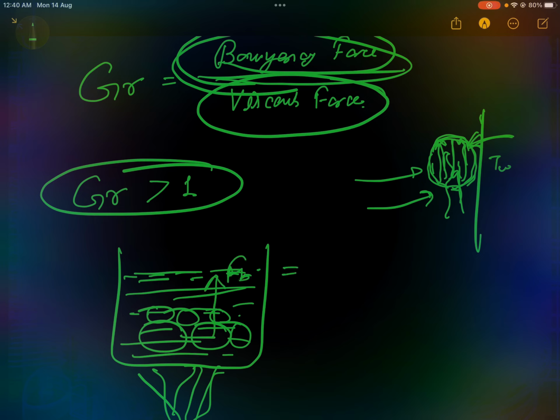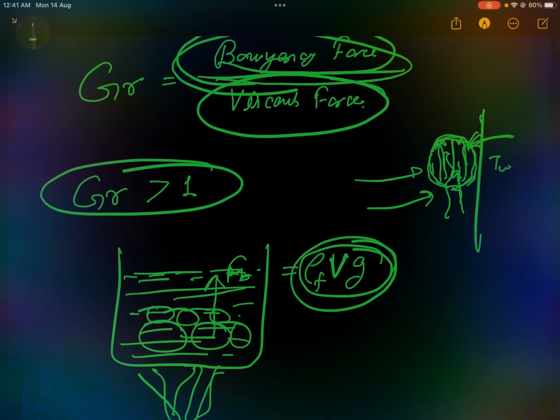Buoyancy force is the density of the fluid and the volume of the vapor bubbles times g. When it dominates the viscous effect within the layers, convection occurs because the bubbles rise and move from one place to another. It means the buoyancy force dominates the viscous effect, and the Grashof number comes out to be more than 1.